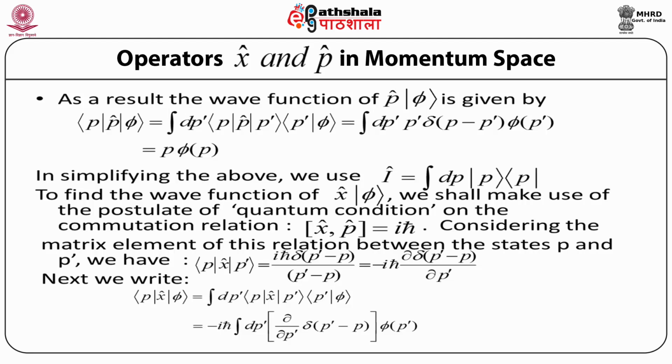Here we have used the identity that was defined earlier, which was p del by del p delta(p) equal to minus delta(p).